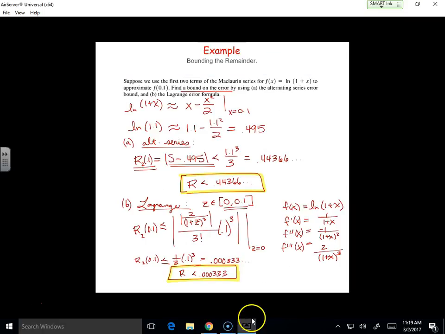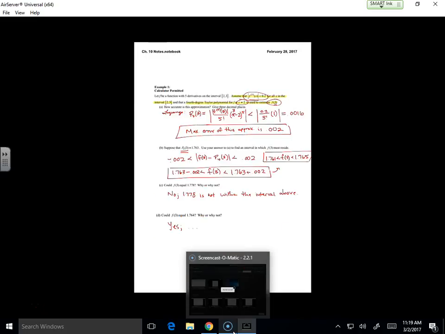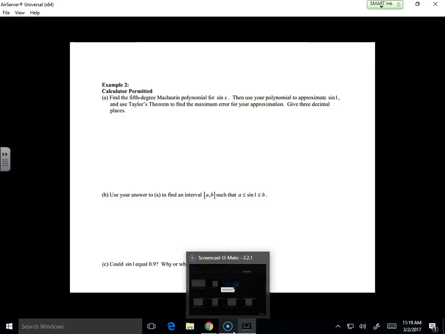Coming back here though, if we were to go to the next example, am I on the last example? I am. Here we go.